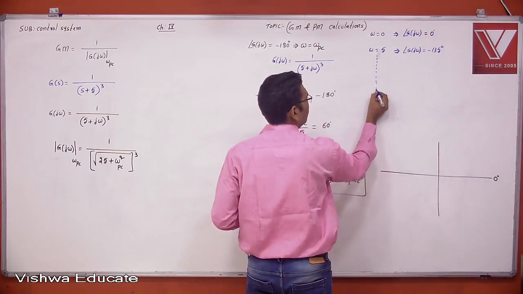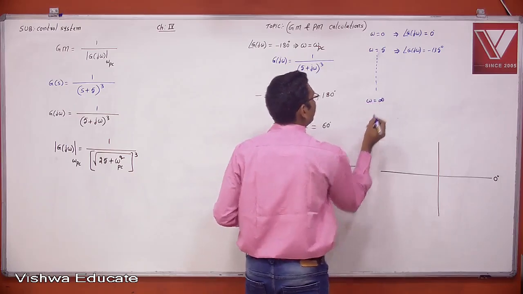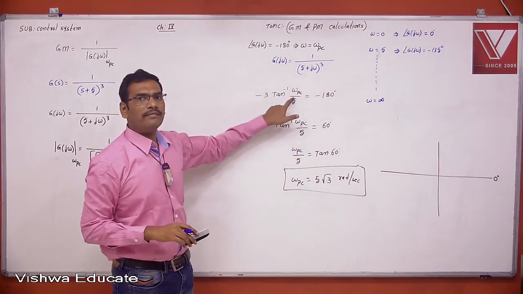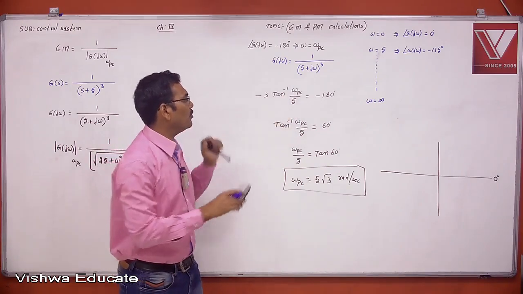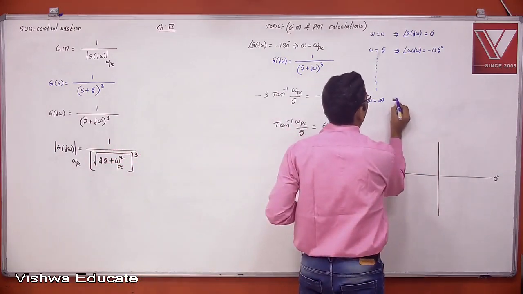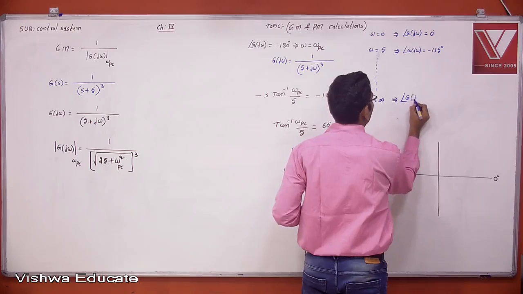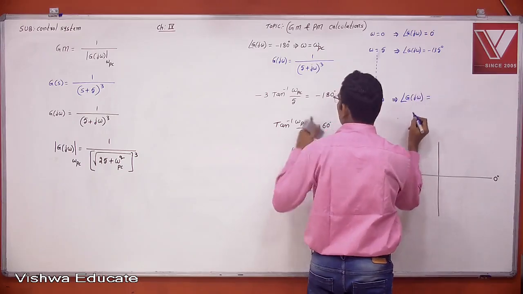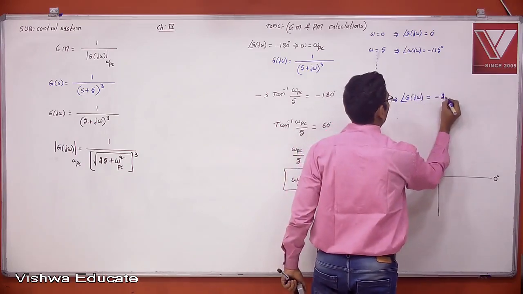When omega equals infinity, tan inverse infinity is 90 into minus 3. Therefore, the angle of G of j omega is minus 270 degrees.